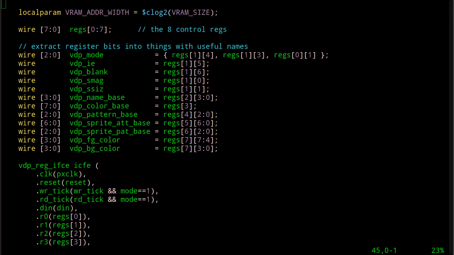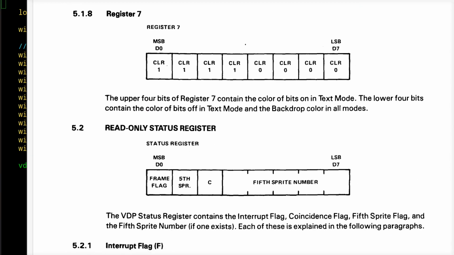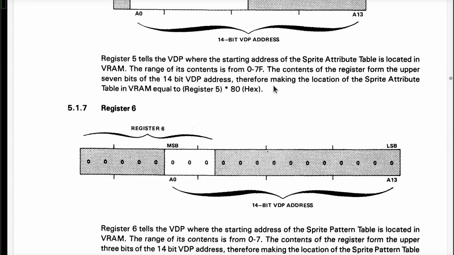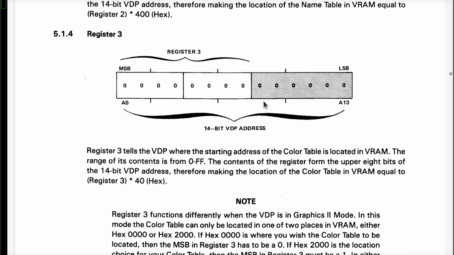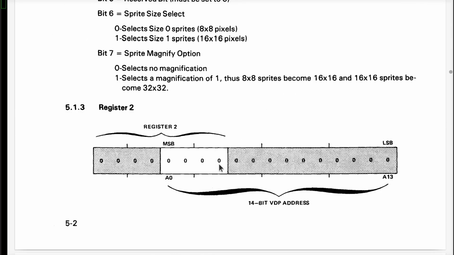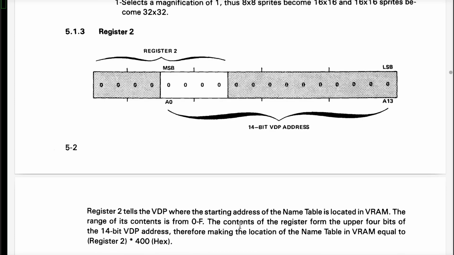Okay, so let's take a look at this. Right, that's register number 2. So we all have our bearings here. You can see the 1, 2, 3, 4 least significant bits of register 2 are the bits that represent this name table base address.